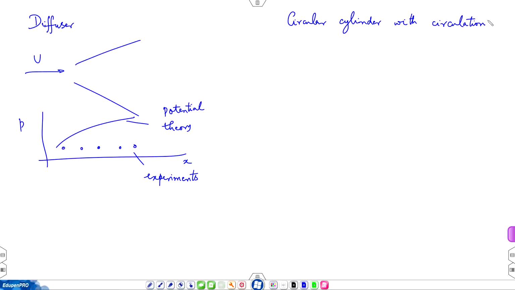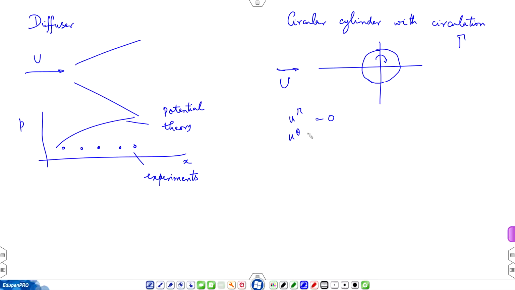circular cylinder with circulation. Circulation strength is gamma. So, the velocity components, plus gamma over, how much was it?